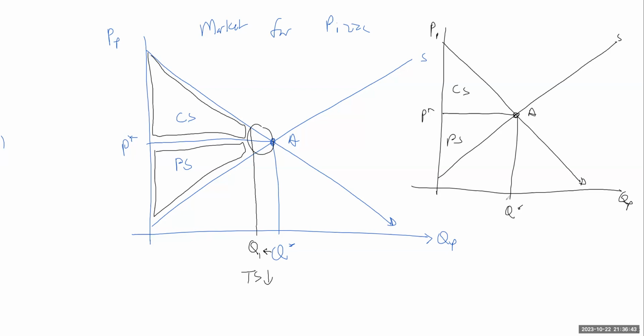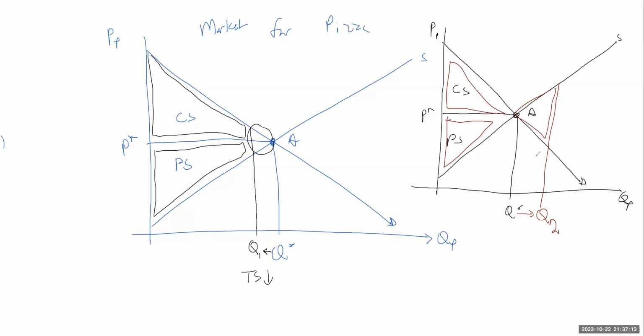Let's suppose the benevolent planner is like, okay, I know if I decrease quantity, total surplus would fall. What about if I increase quantity to Q2? Well, I've got consumer surplus here, producer surplus here, and since I increased quantity, I have this right here.